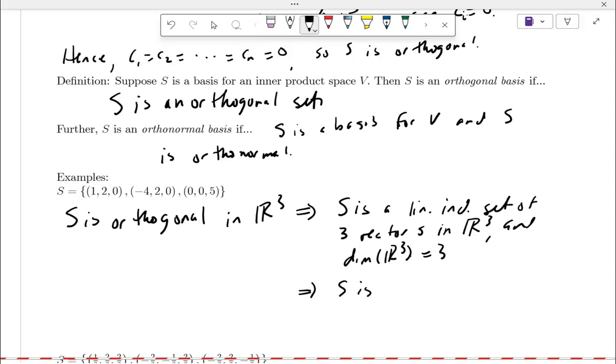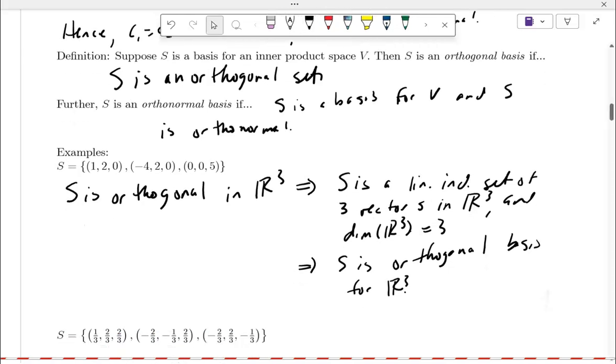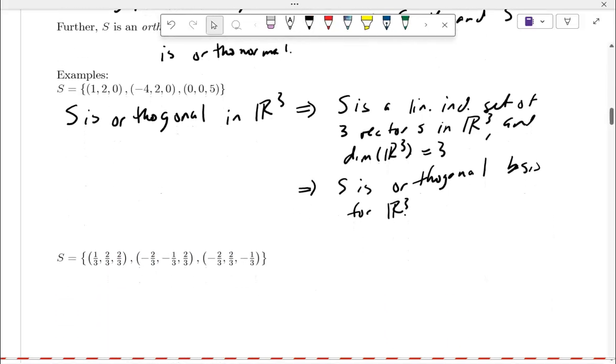So S is an orthogonal basis for R3. Once it's orthogonal, and once it has the right size, we get a basis, right?